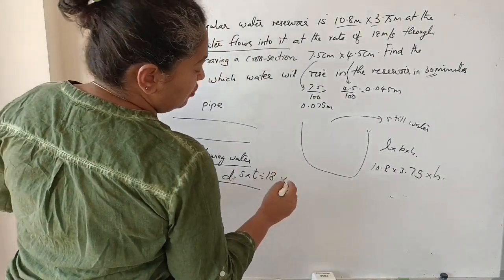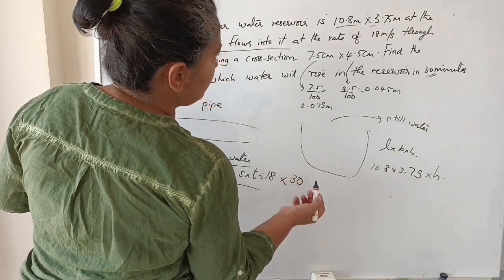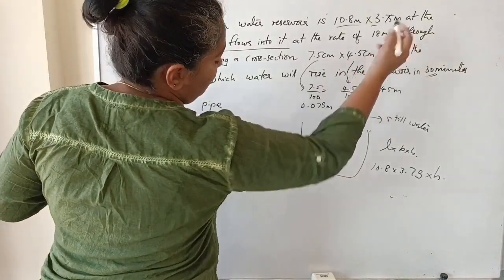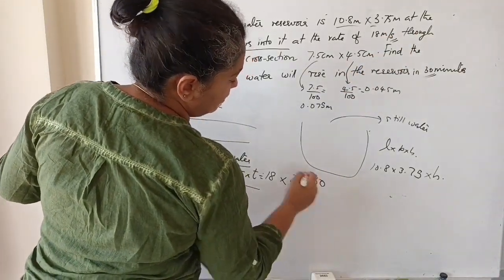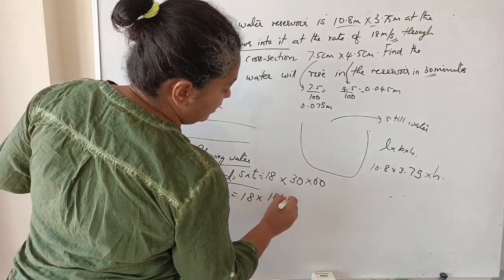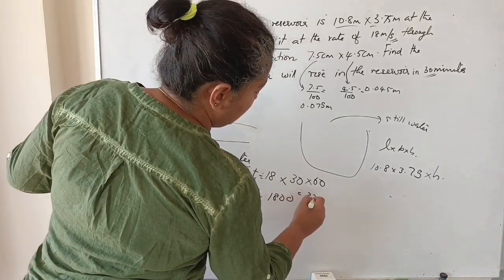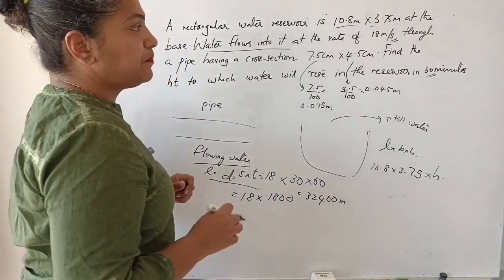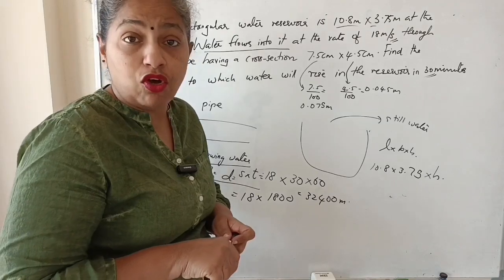So I will get 18 into 30 minutes. I am retaining the time as minutes itself. Oh yeah, here I have got a second over here. So I have to convert it into seconds, into 60. So I will get 18 into 1800, which is 32400, so much of meters. Okay, so that is the length of the pipe.